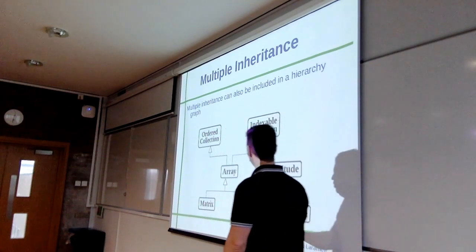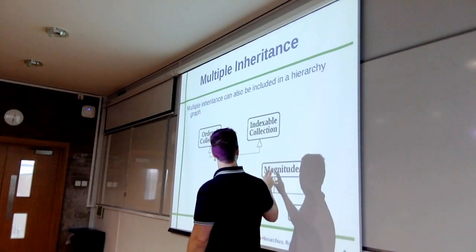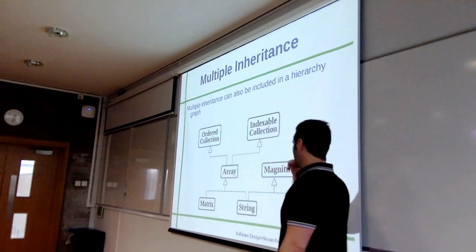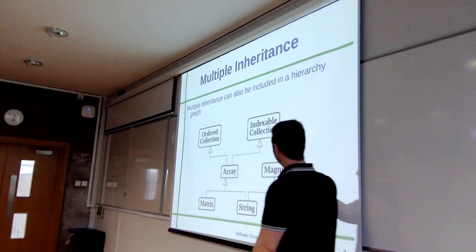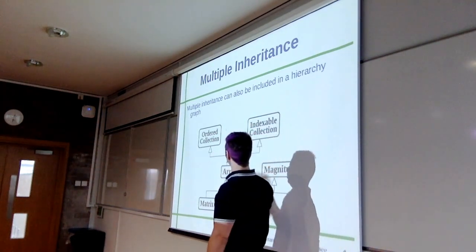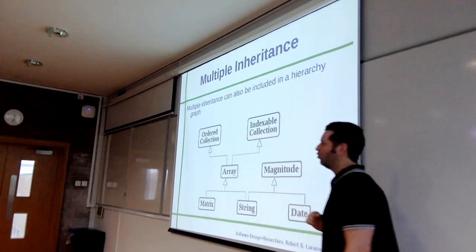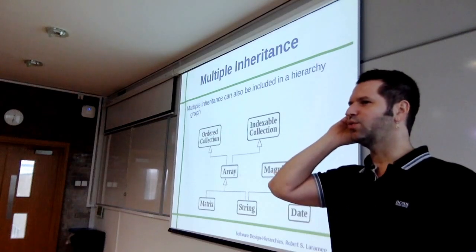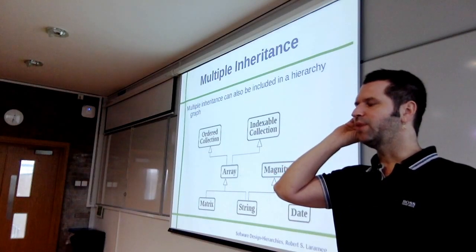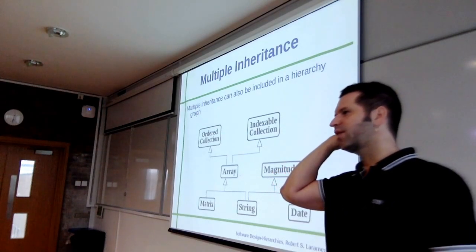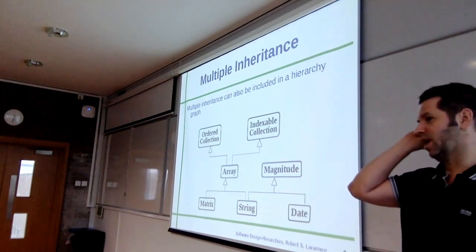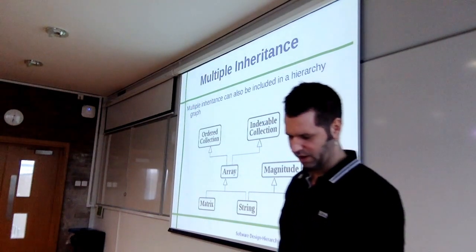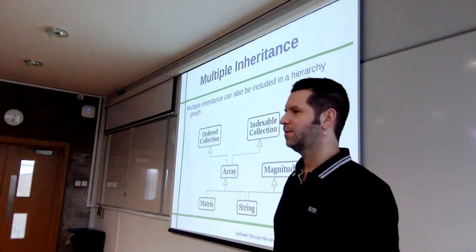When you instantiate a string in this case, you instantiate a magnitude, an array, an ordered collection, an indexable collection. Which constructor of these 5 or 4 gets called first? Nobody knows. Very messy. So Java won't let you implement multiple inheritance at all. It doesn't allow it. They did that for a reason.